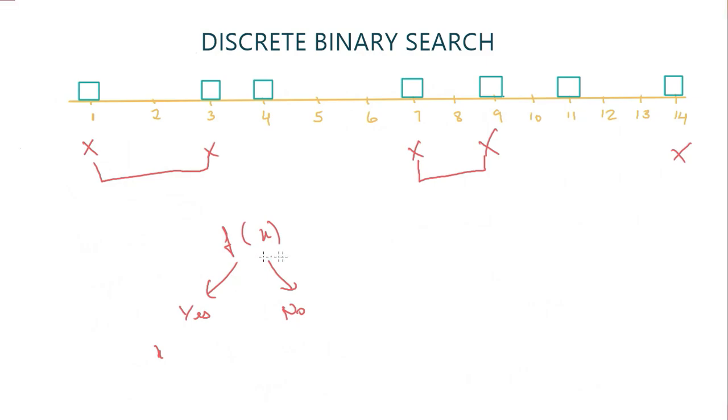So for any arrangement of cows, if the minimum distance exceeds x, then f of x will return yes, otherwise it will return no. So if we denote the minimum distance as m, then for yes, x must be less than or equal to m, and for no, x will be greater than m.